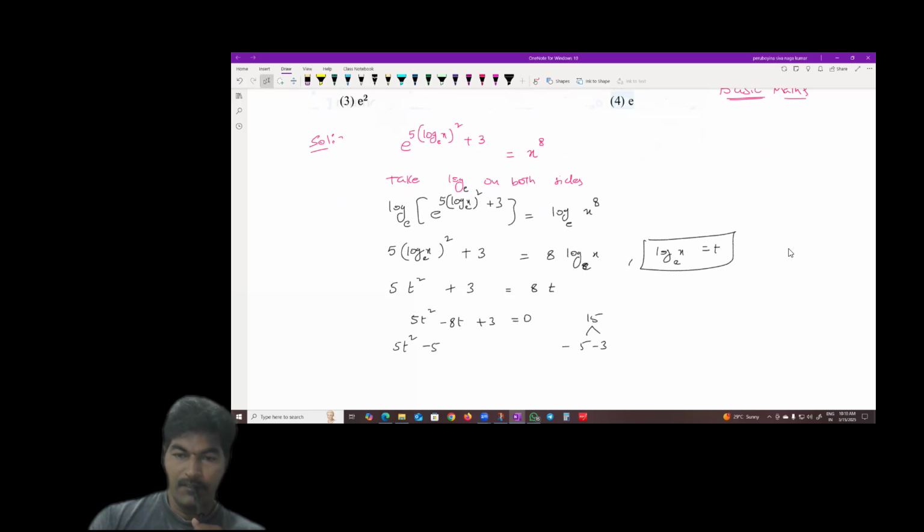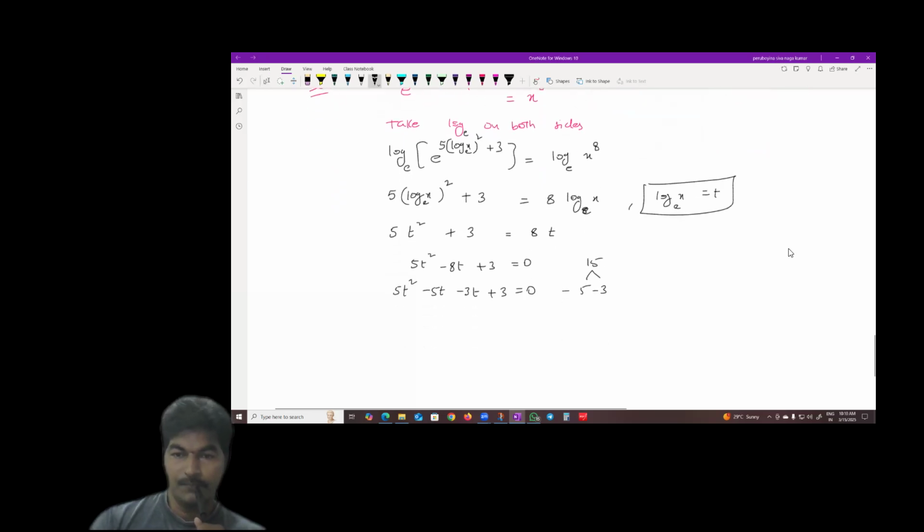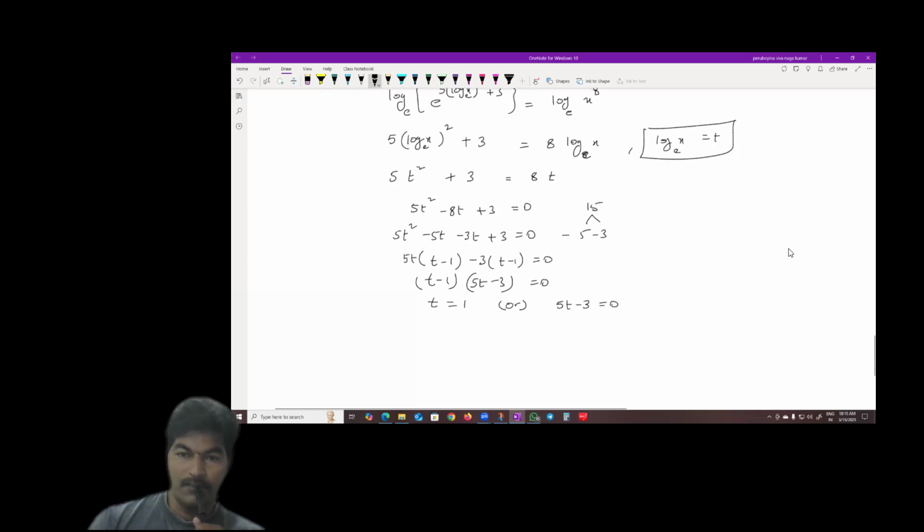Then 5t square minus 5t minus 3t plus 3 equal to 0. Take 5t common, t minus 1, minus 3 common, t minus 1 equal to 0. Again, t minus 1 times 5t minus 3 is equal to 0. That means either t equal to 1 or 5t minus 3 equal to 0.